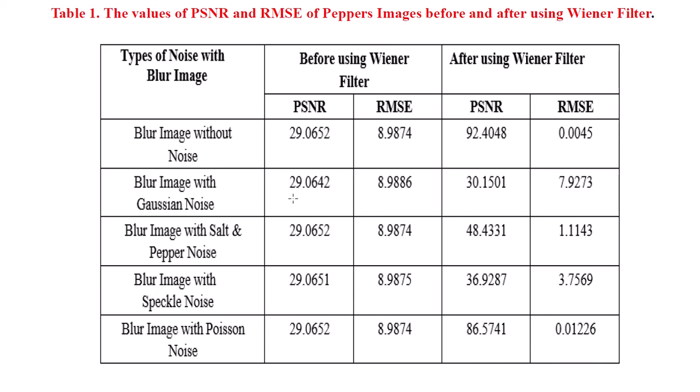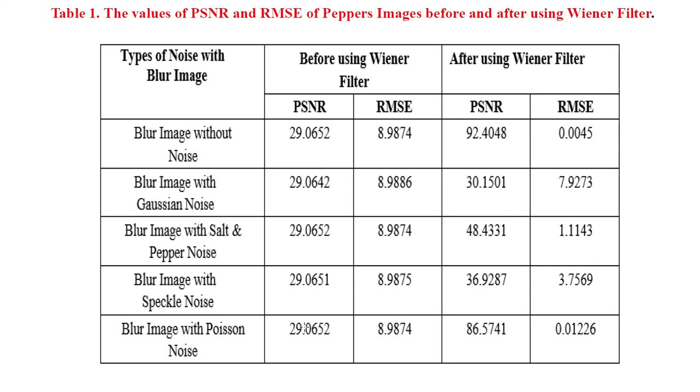Also in the second case, which is a blur image with Gaussian noise, the value of peak signal to noise ratio increases while the value of mean square error decreases. Also in the third case, which is a blur image with salt and pepper noise, the peak signal to noise ratio increases while the mean square error decreases. Also in the 4th case and 5th case, the peak signal to noise ratio increases while the mean square error decreases.